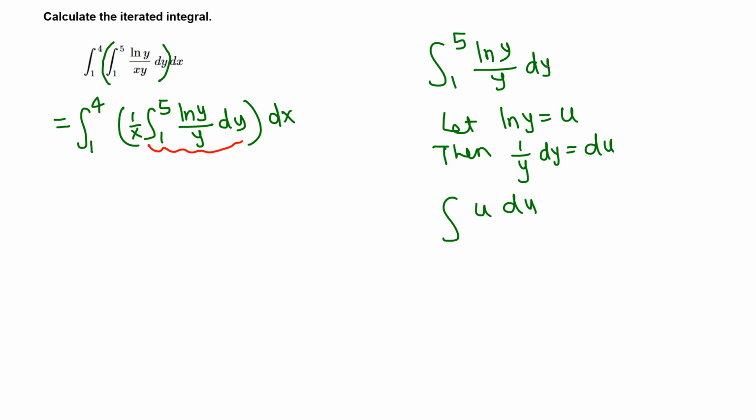So when y equals 1, u equals ln 1, so these are for y. Now we need the limits for u. When y equals 1, ln 1 is 0, and when y equals 5, u is ln 5.